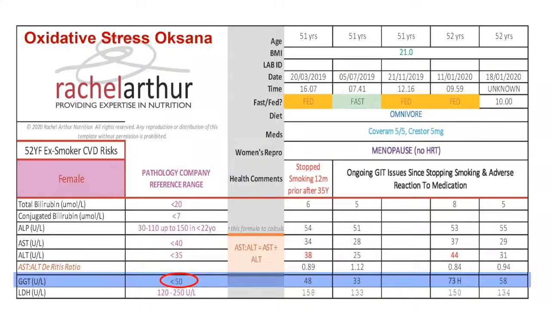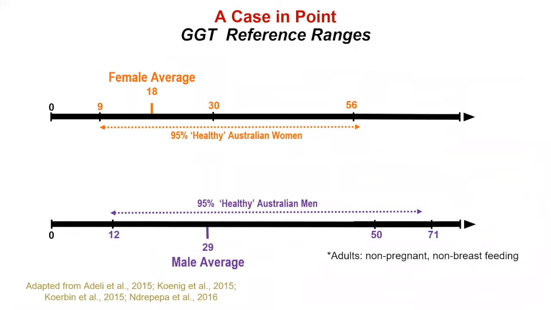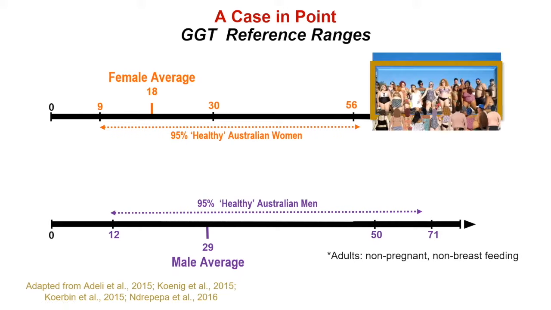If we ask ourselves, well, what is that less than 50 really based on? Where does it come from? And what does it really reflect? And we have a look at GGT here. We can see that based on Australian data, Australian women with their GGT tend to sit anywhere between 9 and 56. And this less than 50 clearly has been an in-house determined reference range.